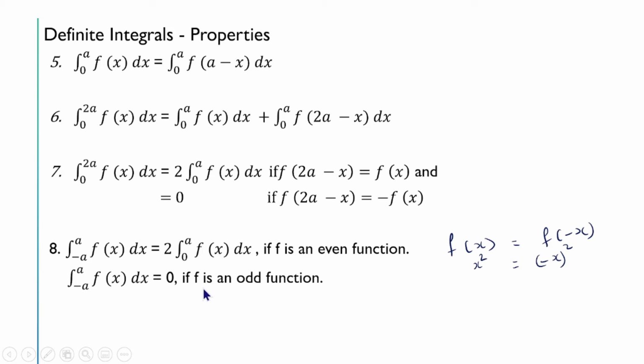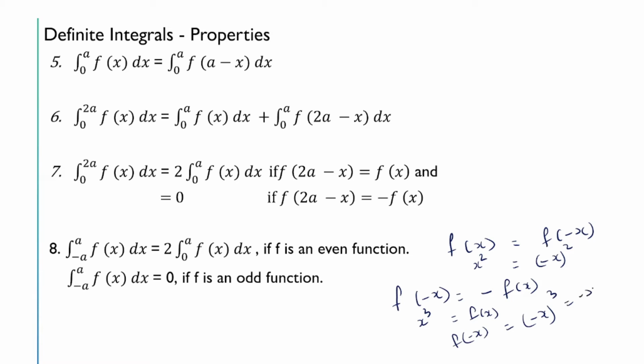On the other hand, if f is an odd function, that is, an odd function is nothing but f of minus x is equal to minus f of x. Say for example, x cube. If we take f of x as x cube, and substitute x as minus x, then we have f of minus x will be minus x the whole cube.